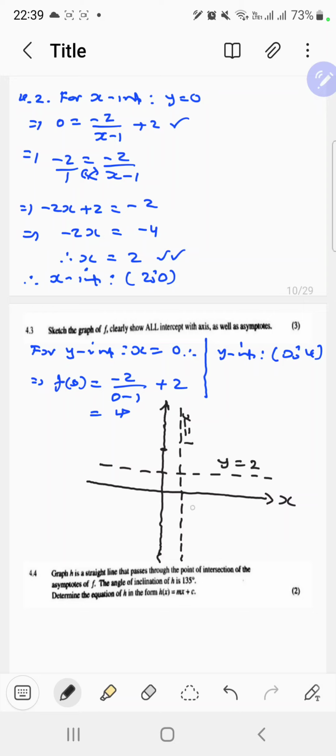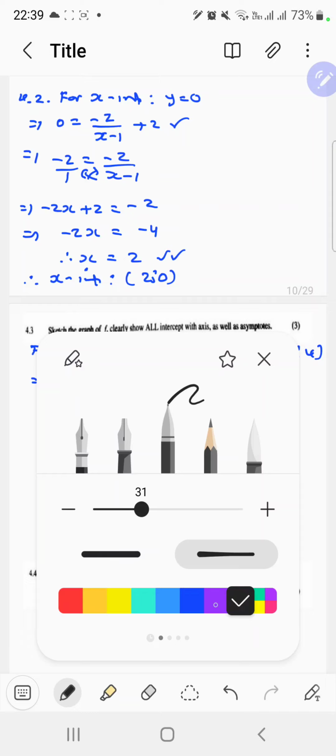So you always have to label the asymptotes, otherwise it becomes a bit of a painful exercise. This is 1, so this is a 2 here. So we can write our 2, we can write our 4, and then we draw the graph.